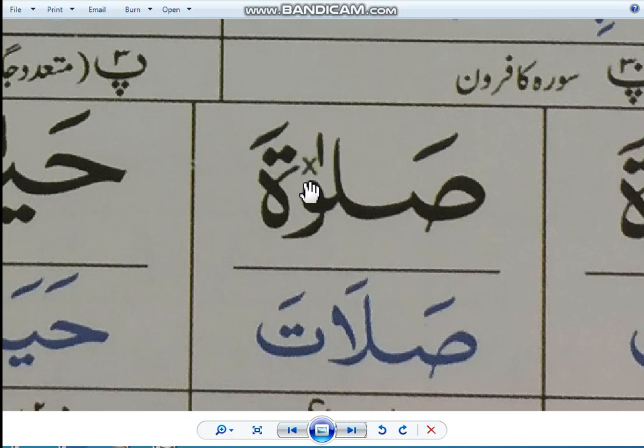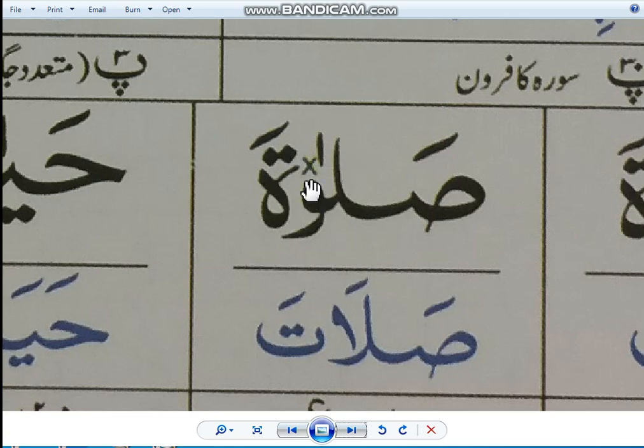Salata. So we don't read this waw with a cross on it. In the Quran, there will be instances when you will not have this cross or a zero on that. So you will need to learn to remember it. Salata.